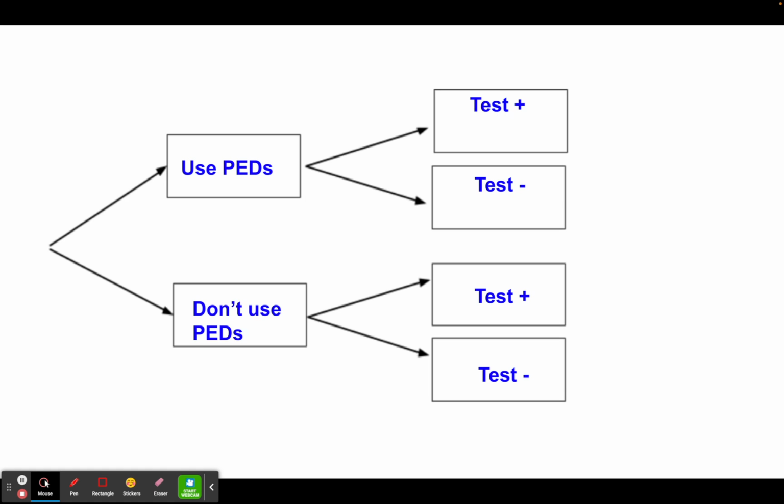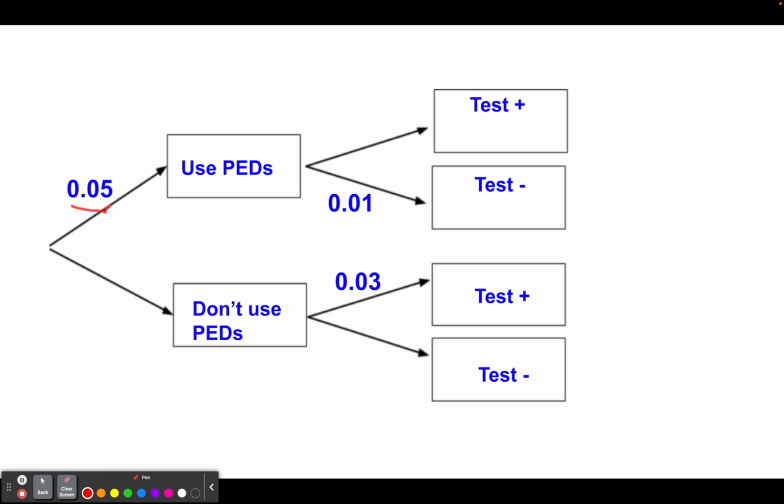We're going to start with the ones that they give us in the problem and then go back and fill in the rest. We know that 5% of players use performance-enhancing drugs. We are also told that 3% of the players who don't use them will test positive. And we know that 1% of players who use performance-enhancing drugs will test negative. So therefore, we can go back and find the other missing probabilities, knowing that in each case, each set of branches should total 100%.